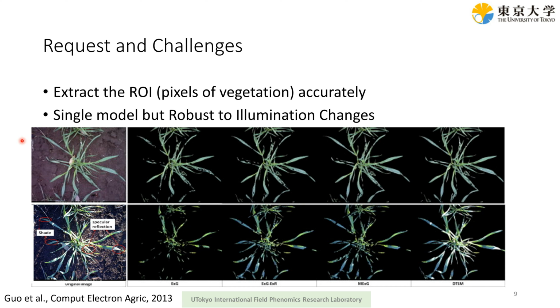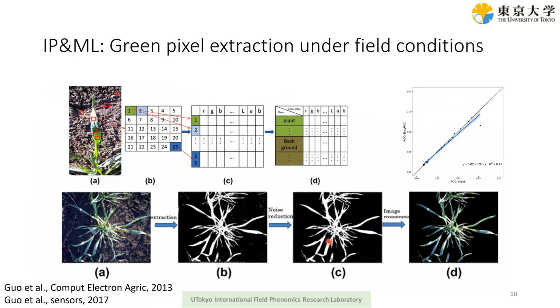We just want a single model to do this job very quickly. As you can see here on the graph, the different light conditions affect the segmentation a lot.